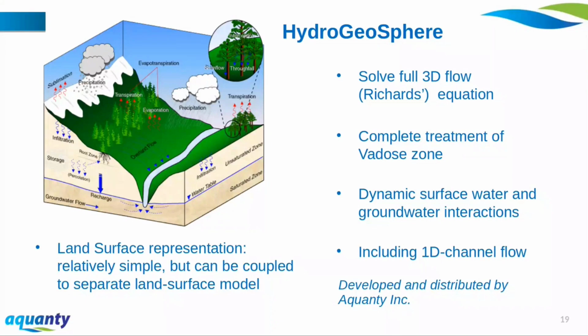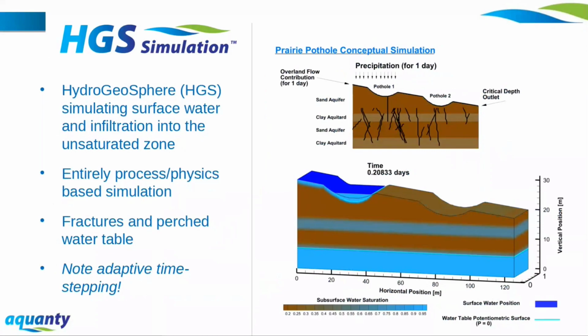Land surface processes are relatively simple, and typically you would couple with different land surface representations, and I'll get more into that when I talk about the boundary conditions. This is just a brief sample of what a HydroGeoSphere simulation can look like. This is at a very small scale, essentially spilling from pothole to pothole, and then infiltration in the subsurface.